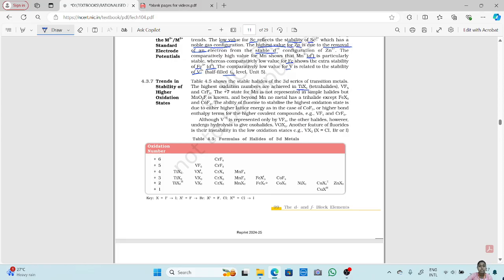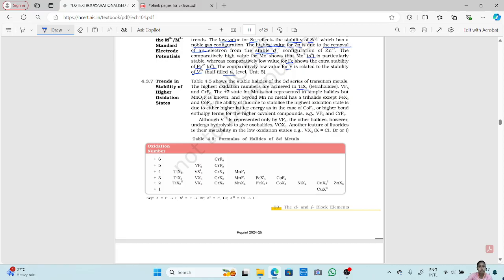Now, the 7 plus state of manganese is not represented in simple halides, but MnO3F is known, and beyond Mn, no metal has a trihalide except iron and cobalt. These are the higher oxidation states which form halide compounds.